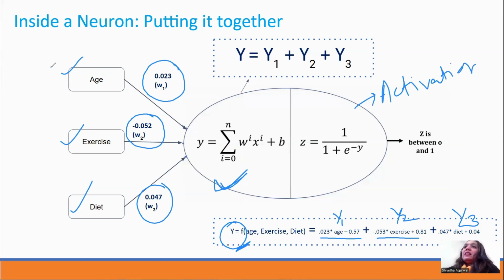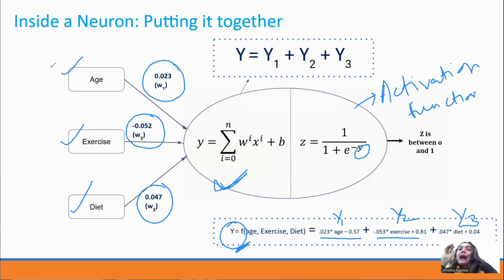Now, on your screen here, you have z, which is a sigmoid function, that your y, your final value, goes inside. And for each case, you will have a different value that will contribute to your final y.